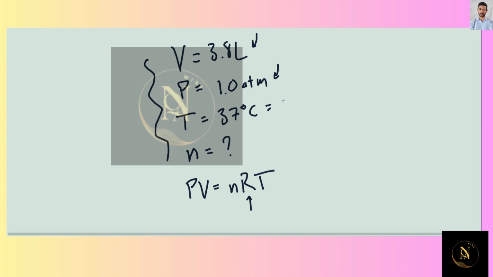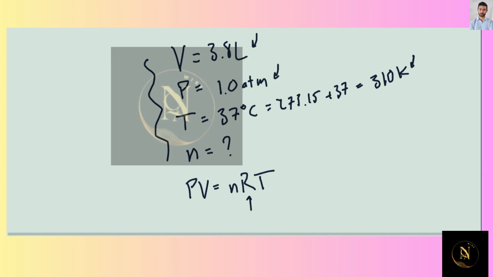So 37 degrees Celsius is equal to 273.15 plus 37 Kelvin. On my calculator, 273.15 plus 37, I get 310.15, but let's just call it 310 Kelvin.